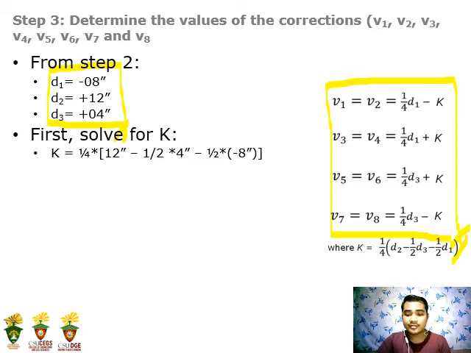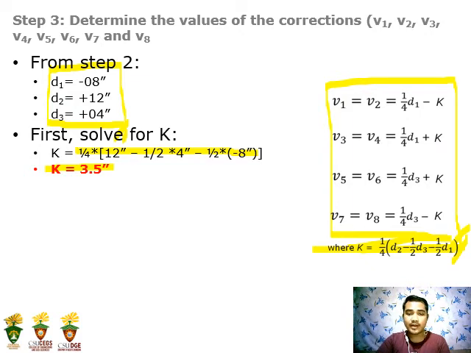First, we solve for k. Substituting, 1/4 times D2, where D2 is 12 seconds, minus 1/2 times D3, where D3 is 4 seconds, minus 1/2 D1, which is negative 8 seconds. If you calculate that, we have a value of 3.5 seconds for k.